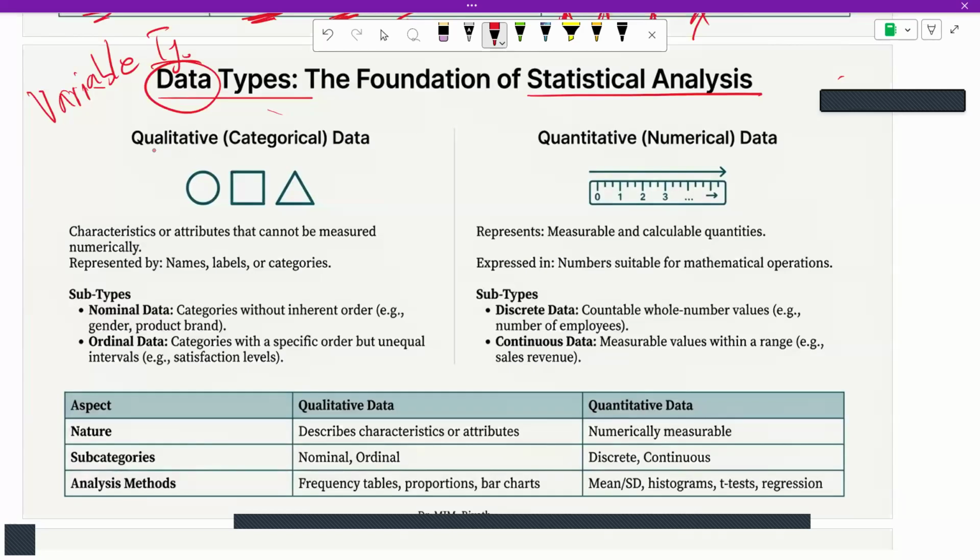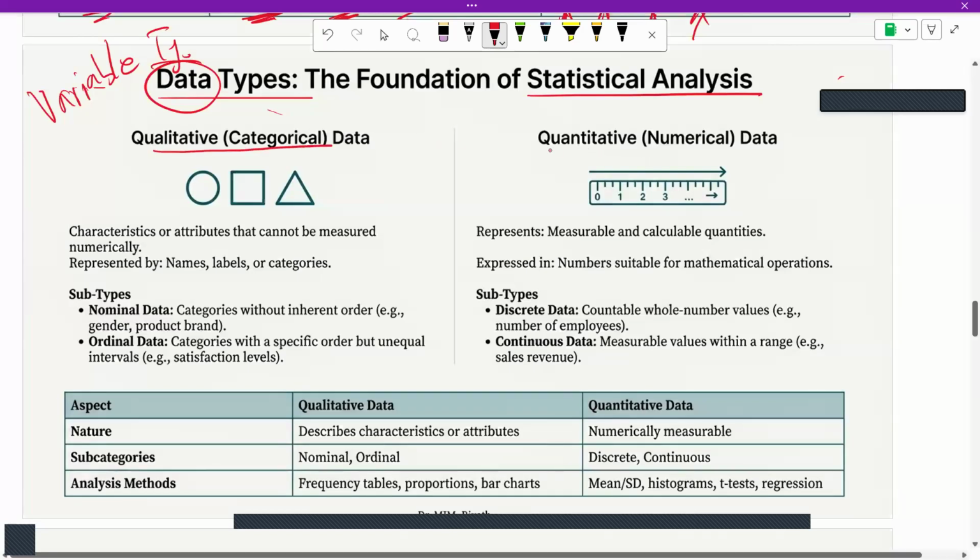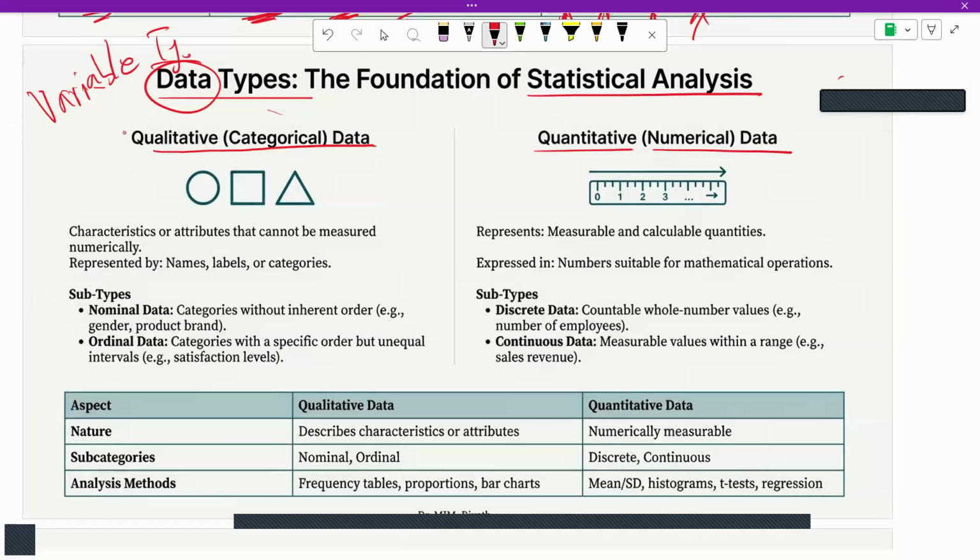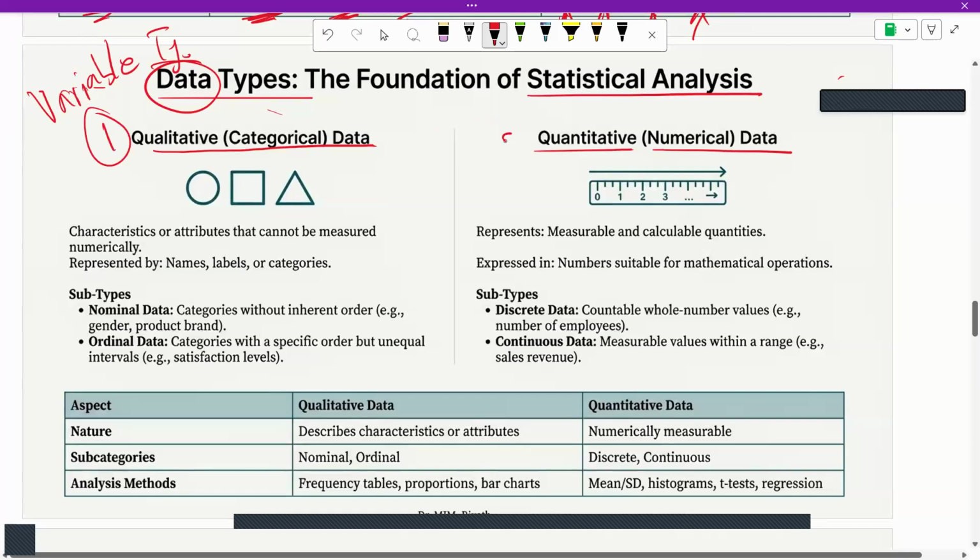Qualitative or categorical data and quantitative numerical data. First one is qualitative. I have explained a little now. Quantitative is expressed in terms of numbers, and qualitative variables are categorical. It has no numerical values.